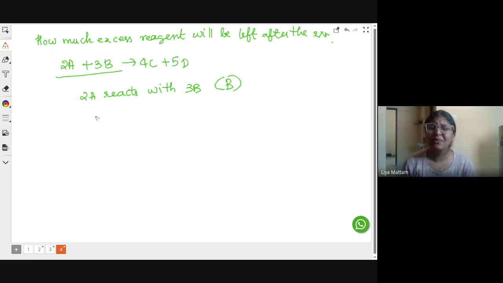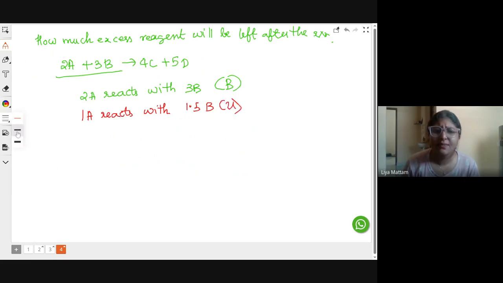Now, again, I'm converting using our same steps, the unitary method. I can write, if 2A is giving 3B, 2A I have to write in terms of 1A. For that, I divide by 2. Then the other side also I have to divide by 2, right? 1A reacts with 3 divided by 2, which is 1.5B. So, 1 mole of A is reacting with 1.5 moles of B. This is according to the unitary method, right?